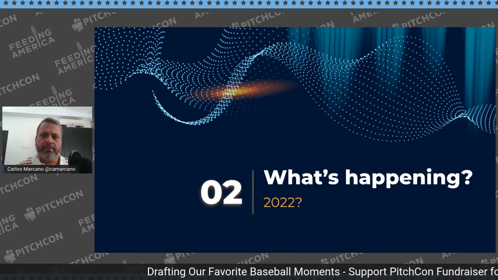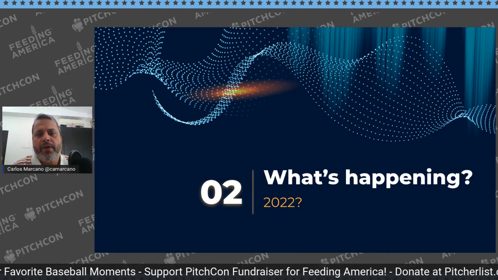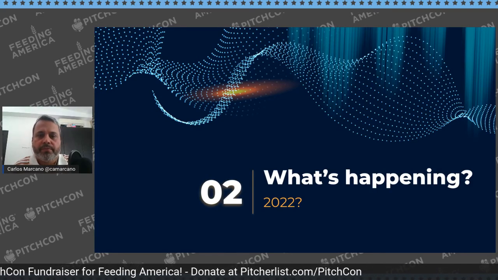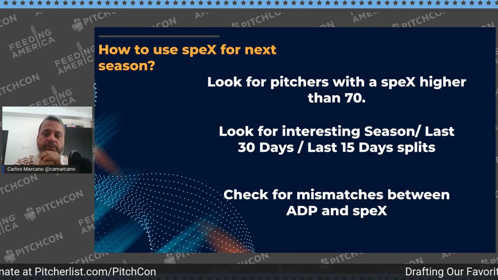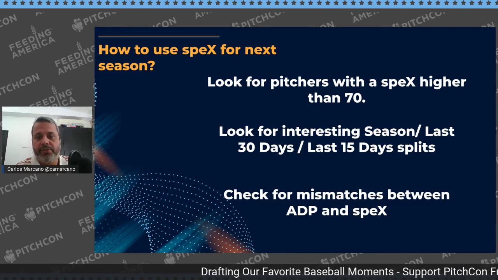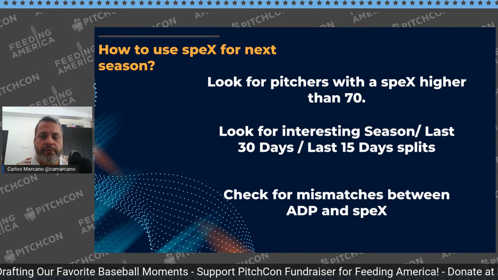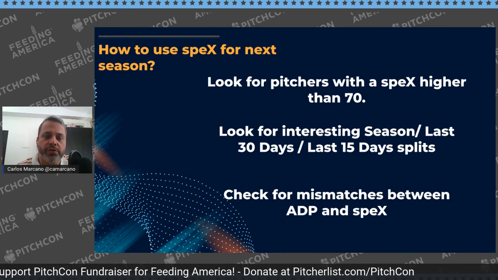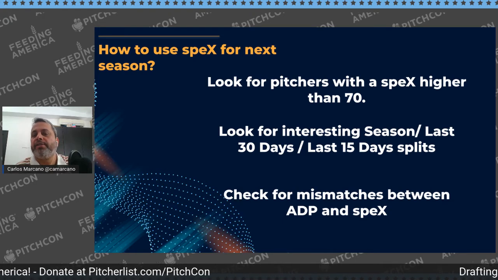So as the most famous words in Picard say, what's happening now? And what about 2022? I've already done some checks for 2022, not as much as I should. I have not started a single draft this year, and I'm planning on February. But using SpeX as a tool for my pitching staff, what I usually do and plan to use for next season is looking for pitchers with SpeX higher than 70.